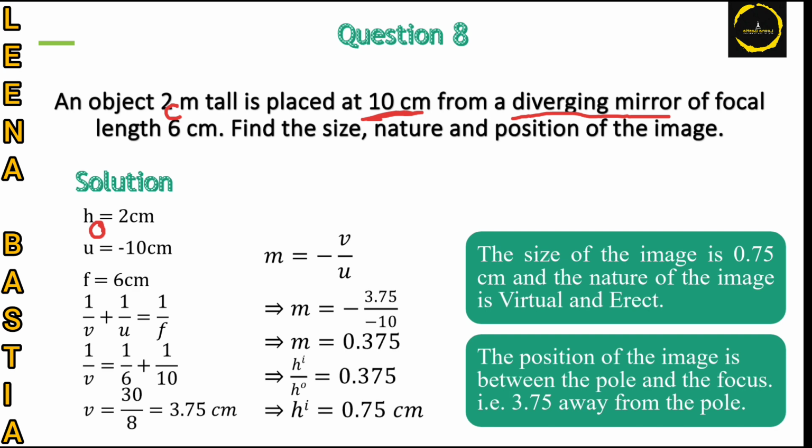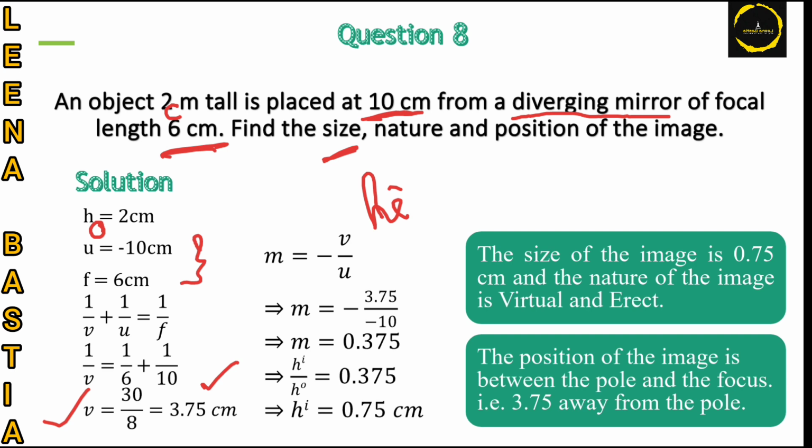Focal length is given as 6 centimeter, and focus for a convex mirror will be positive. So we got two values, so we can easily calculate the value of v. Now again, like the previous question, we have to get the position of the image and the size of the image. Position of the image we already got, that is v. Now the size of the image, that is hi, isn't it? We have to find out the value of hi, but we have only ho.